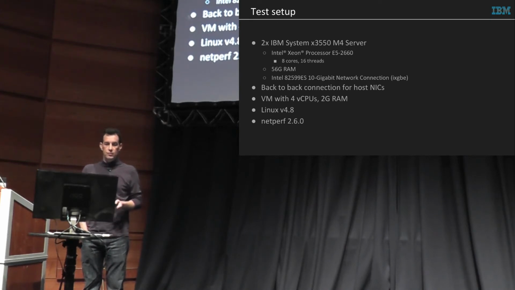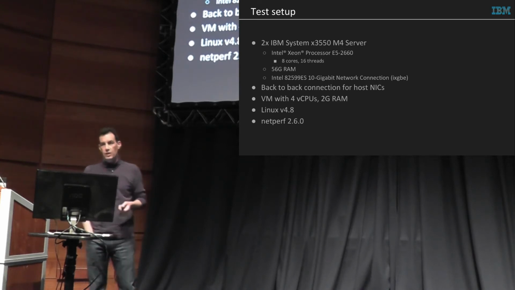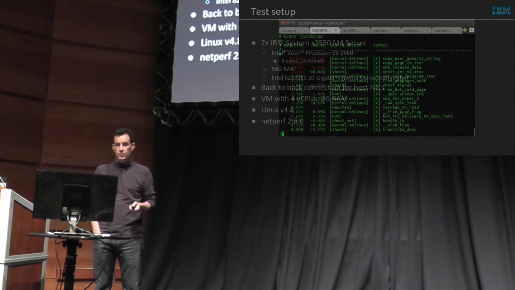The VM was running with 4 vCPUs and 2 gigabytes of RAM, and on one of the systems we were running the NetPerf server, the other one was the NetPerf client. The NetPerf client was run on bare metal, talking directly to Mac VTAP connected to the VM.